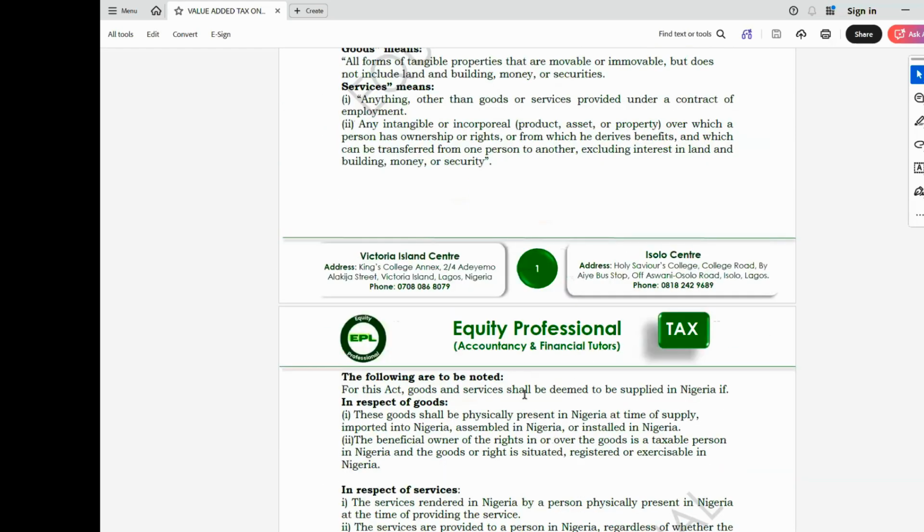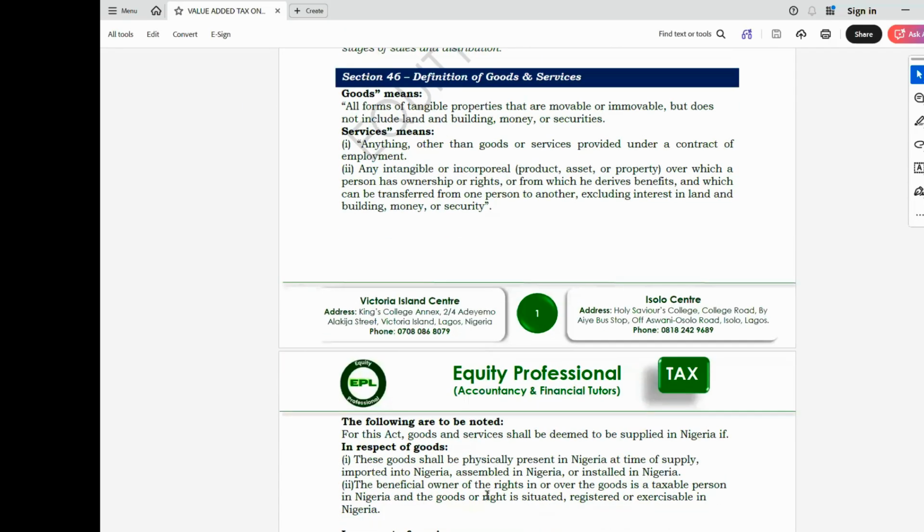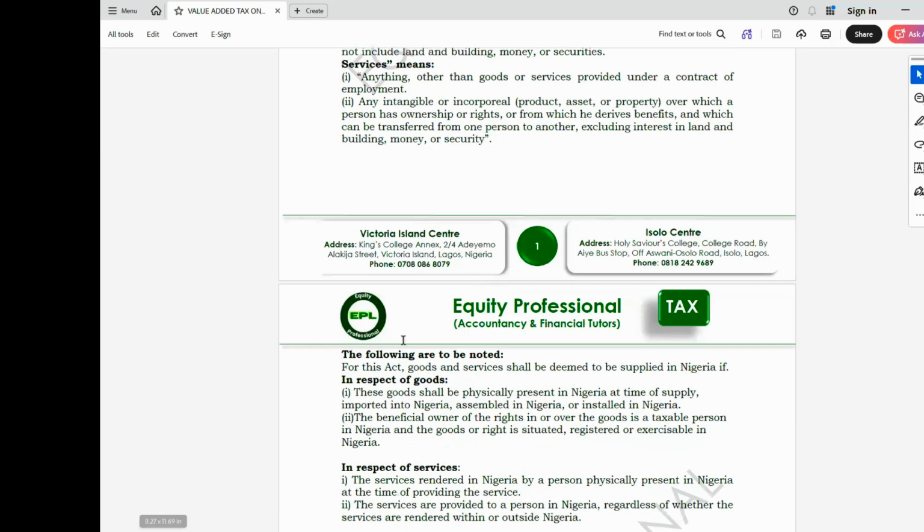As a result of that, regarding the tax points, I'm now going to go back to the definition of goods and services, which I said I would come back to. For goods and services, the law is now saying the following should be noted. Goods and services shall be deemed to be supplied in Nigeria.